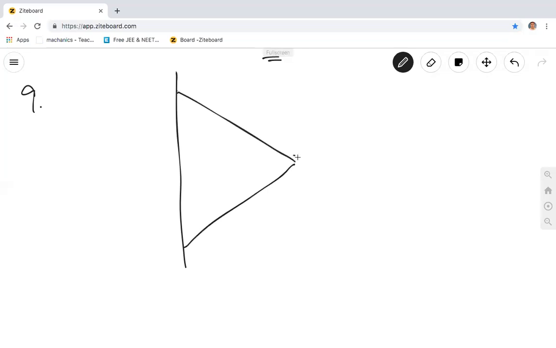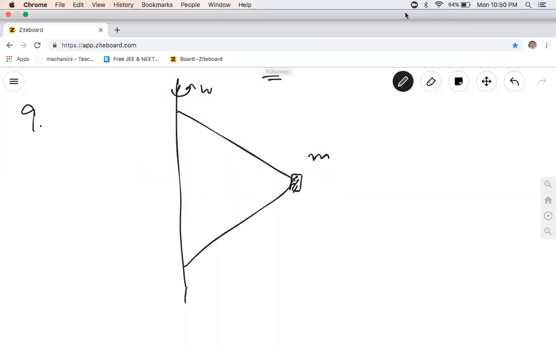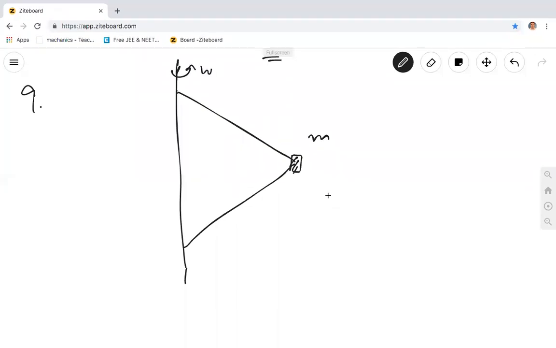Okay, now let me go to the 9th example. Suppose I have a rod with two strings like this and like this, and a mass m is attached to it. I rotate this rod with omega.